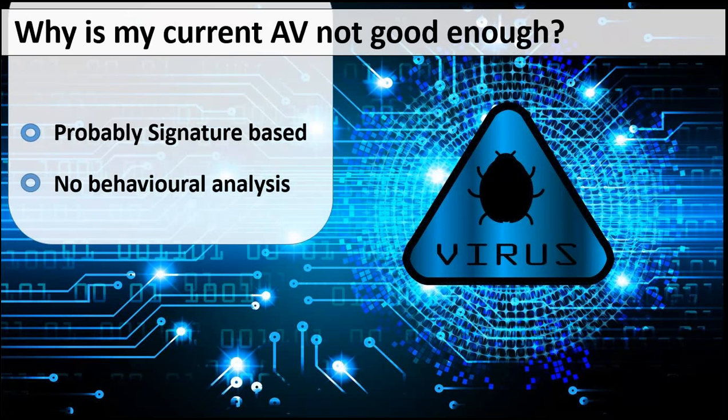One of the traits of having a signature-based analysis is there is no behavioral analysis on any of your systems. So, in short, what this means is instead of looking for a signature, which is like an index from a library, what you are looking for is the behaviors that are taking place on your machine. So, as an example, would you expect a PDF file to try and FTP data away from your site?